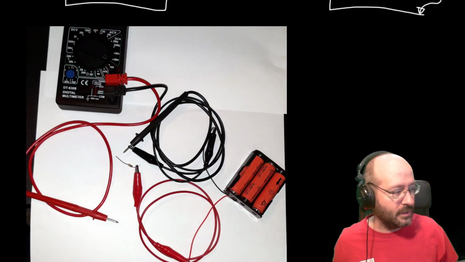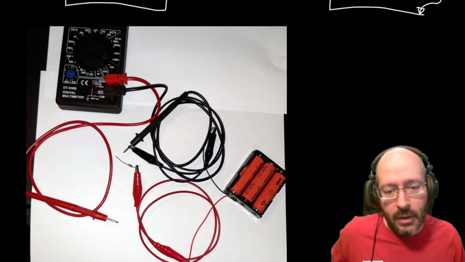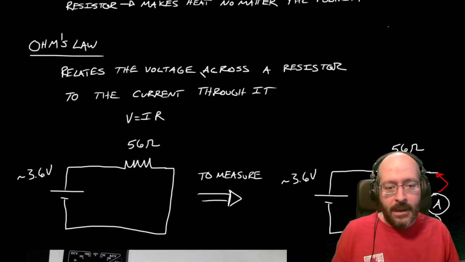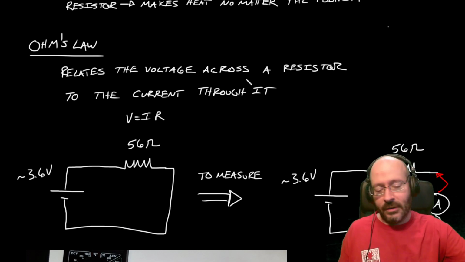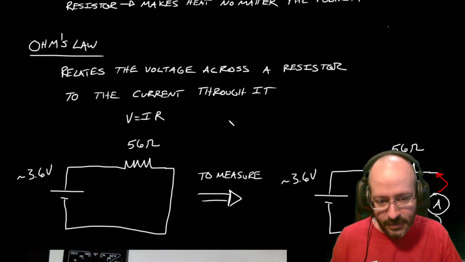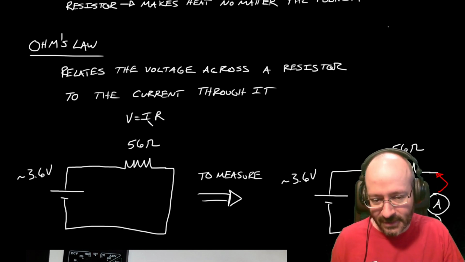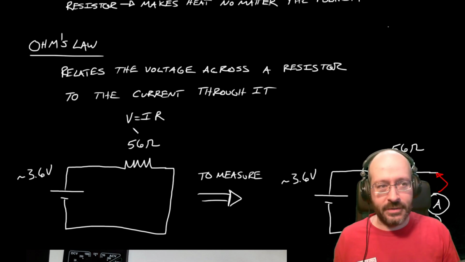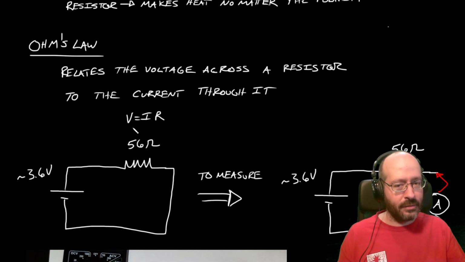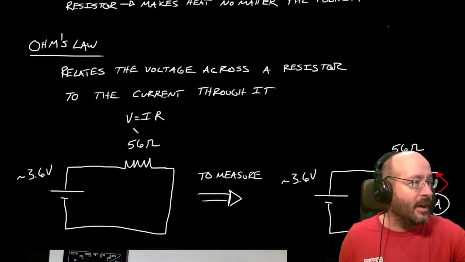There's a color code because it's too small to write letters and numbers on, so we do things with colors. Okay, so we're going to use Ohm's law, which just says that the current flowing through the resistor times the resistance is equal to the voltage. So V equals IR. I'm betting some of you have heard that one before. Just a guess.